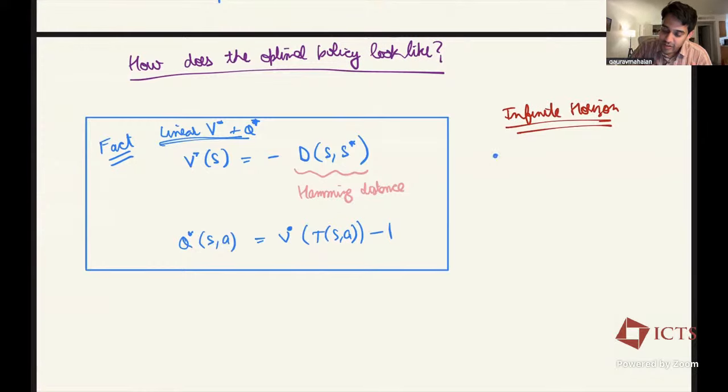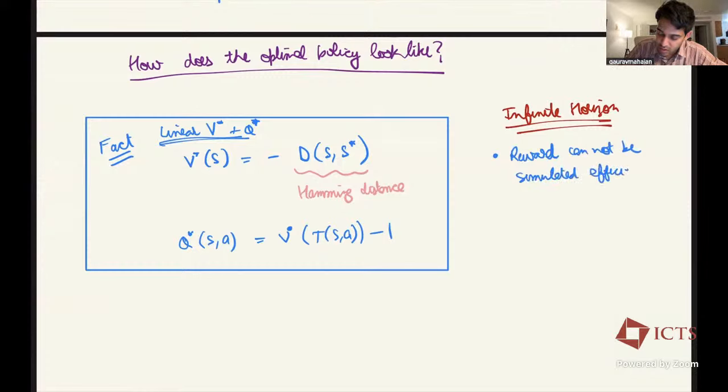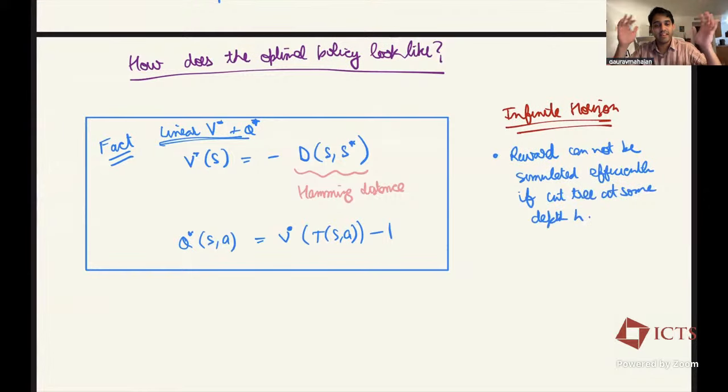So we cannot simulate those rewards efficiently, if we cut the tree at some finite depth. Okay, so that's the problem.